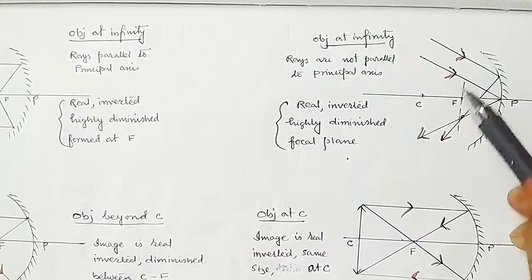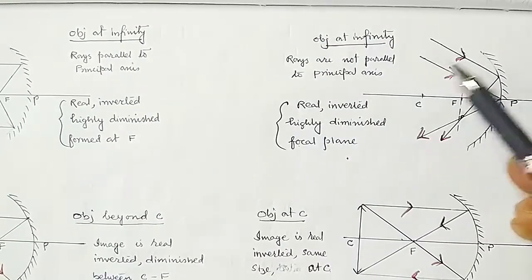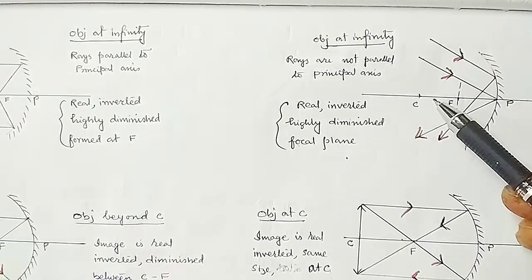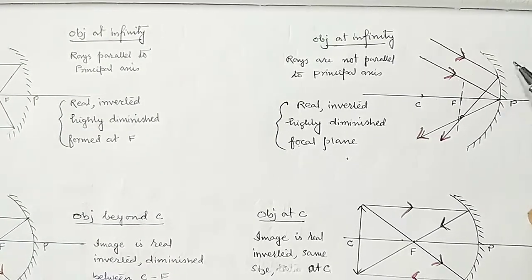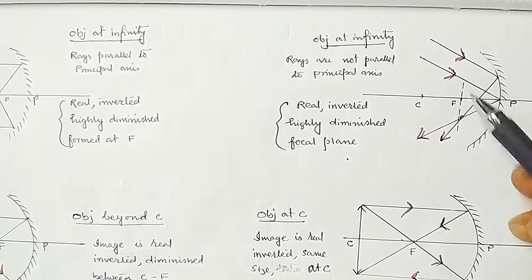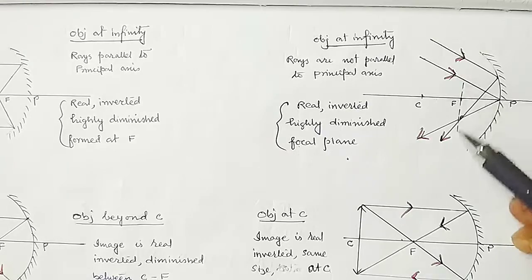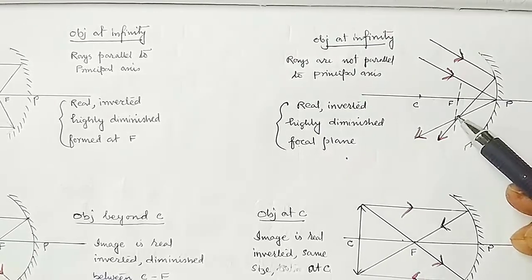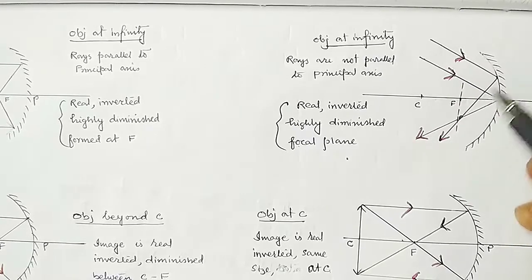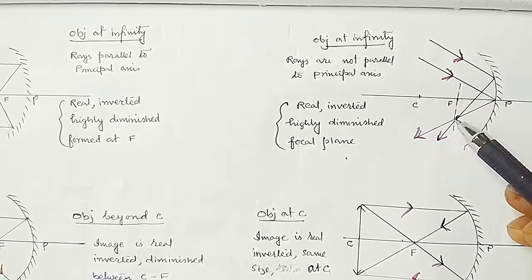This is the second case when the object is at infinity but the rays coming from it are not parallel to the principal axis. Now these parallel rays after striking the mirror will reflect and they will meet in the focal plane. So the image will be somewhere in the focal plane. Just like the previous case, here also the image will be real because the reflected rays are meeting at a point.